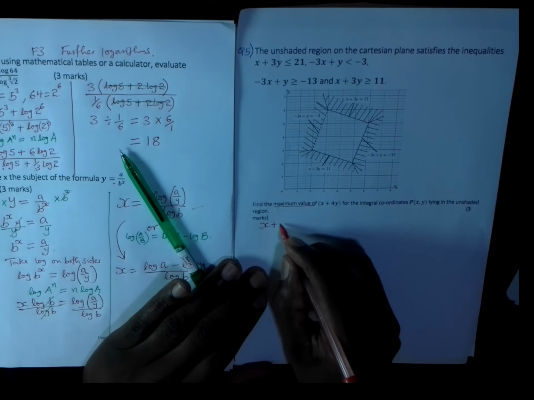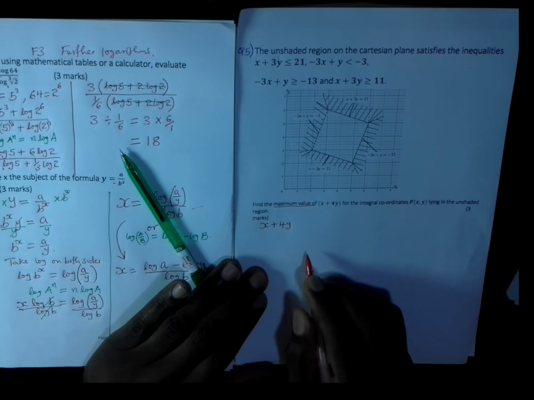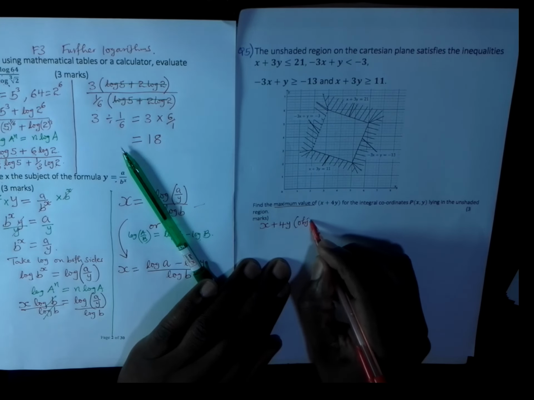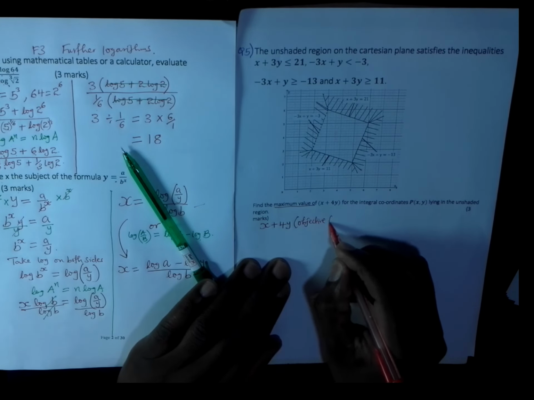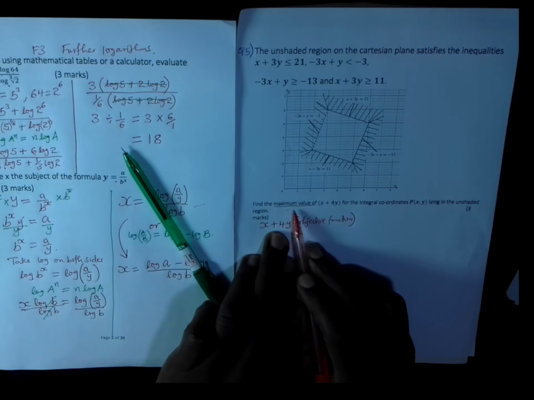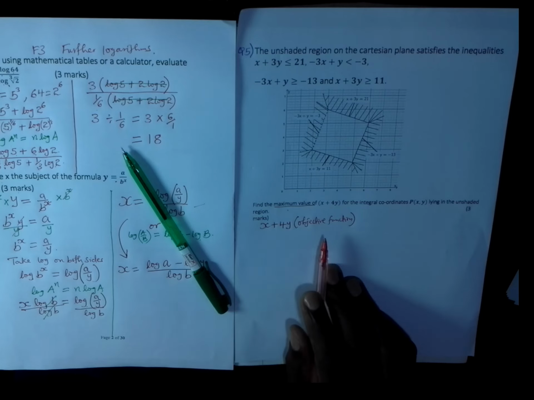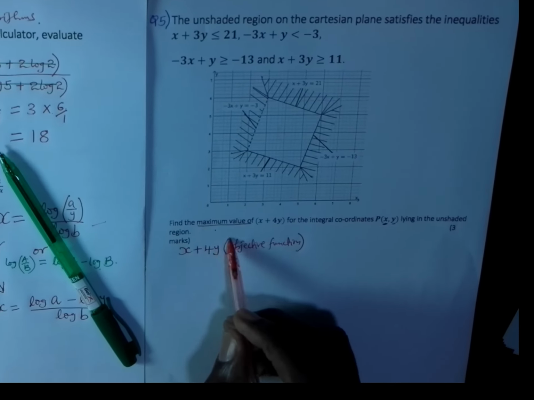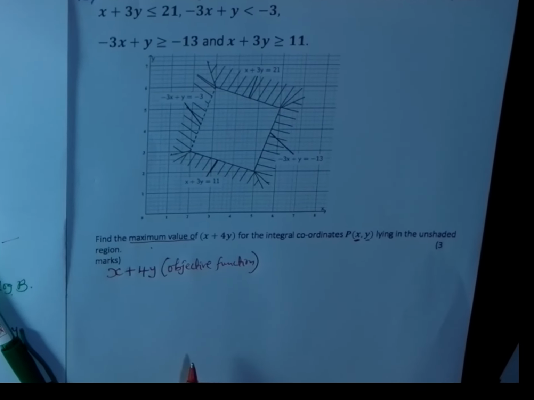Note that x + 4y is referred to as the objective function, which should give a maximum value for the values of x and y.